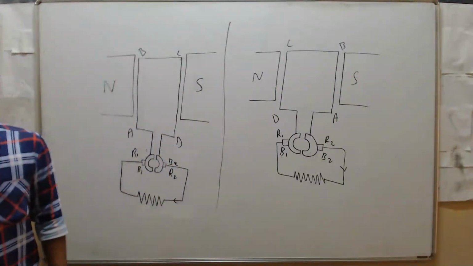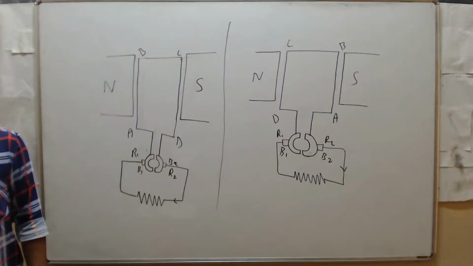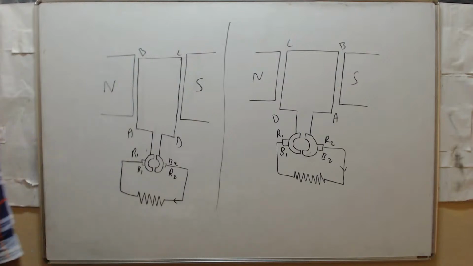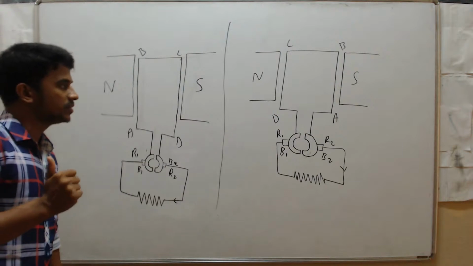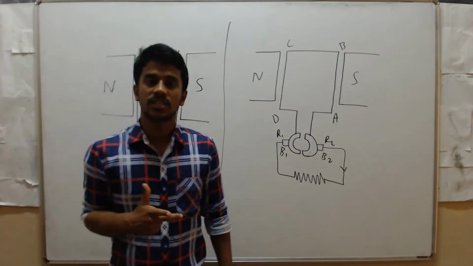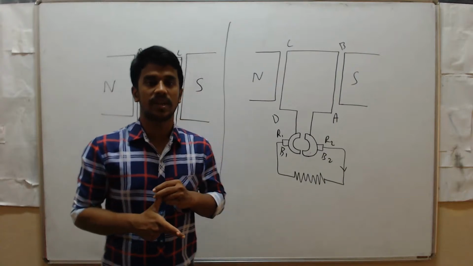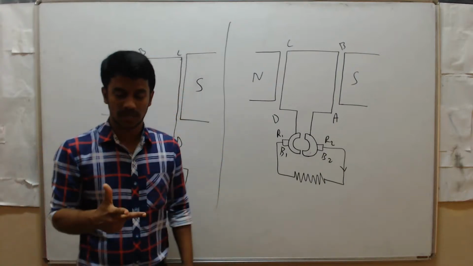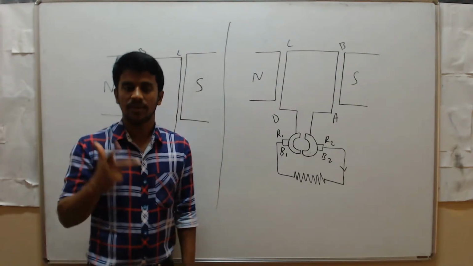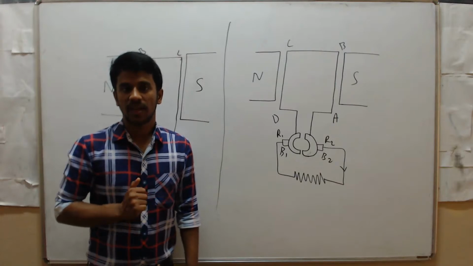The thumb represents the direction of the motion of the coil, the forefinger represents the direction of the magnetic field, and the middle finger represents the direction of the current.